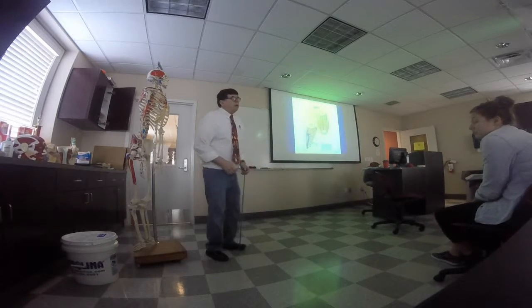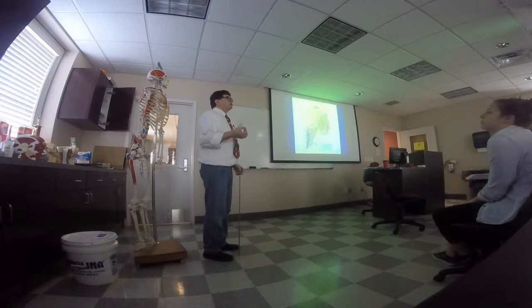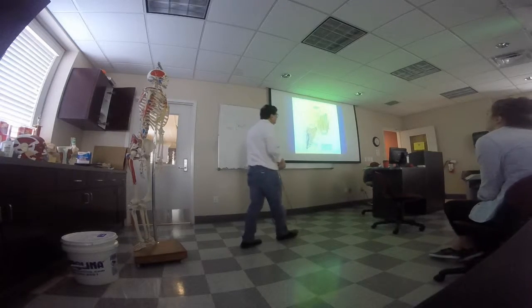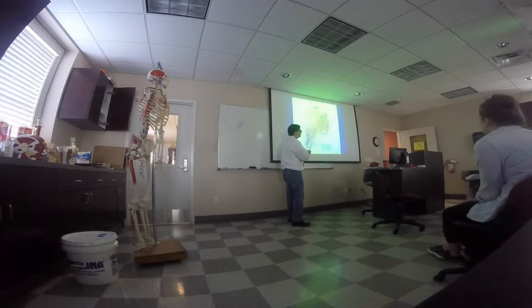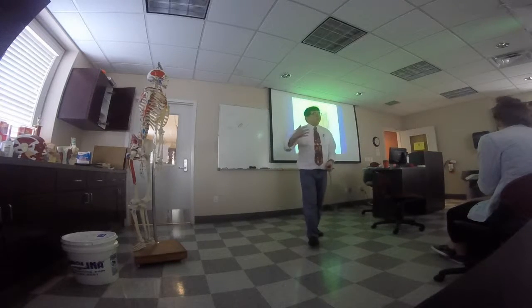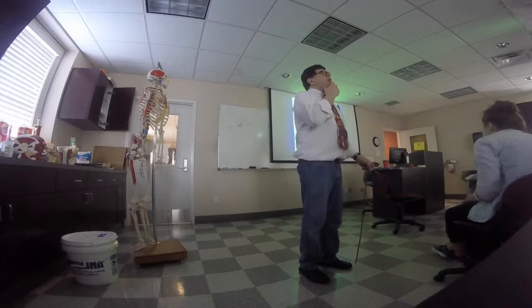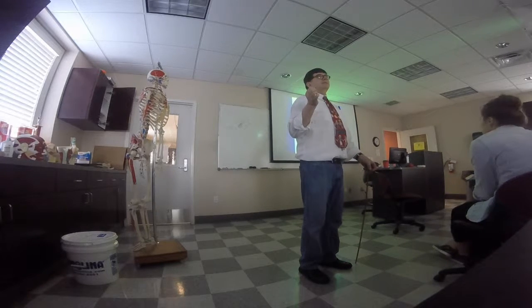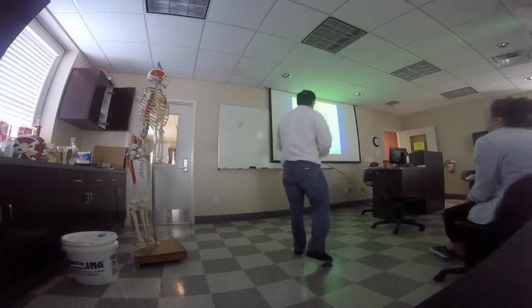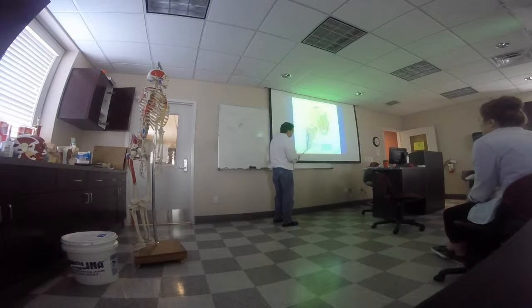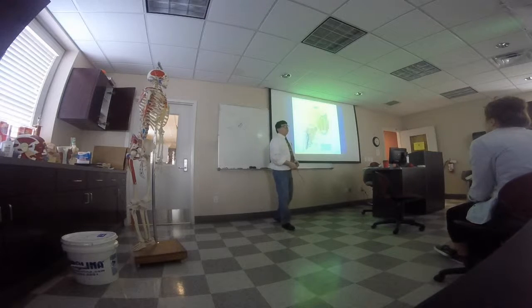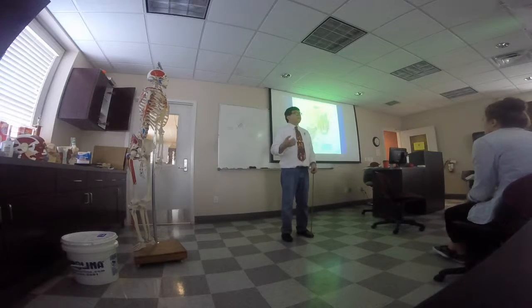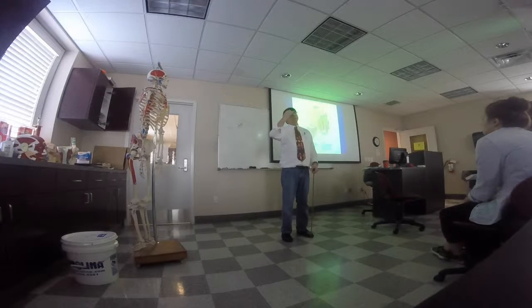So most substances, not all substances, most substances taken in by the diet is broken down, and its components have to first pass through the liver before reaching the systemic circulation, before reaching the heart. So with respect to drugs that we take orally, those drugs are going to be absorbed into the mesenteric veins, and they're going to pass through the portal system into the liver, where they may be broken down, where they may be metabolized before they reach the systemic circulation.